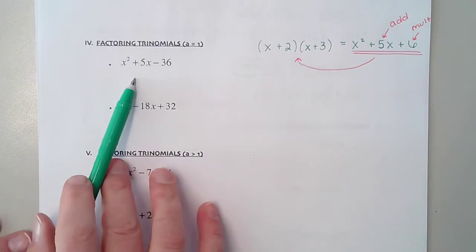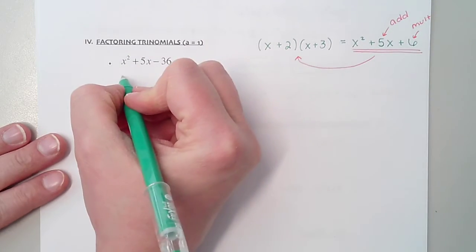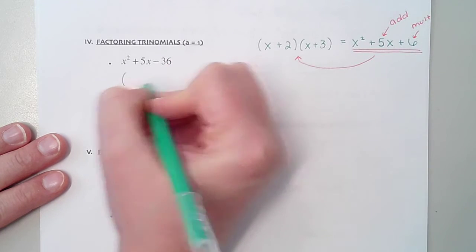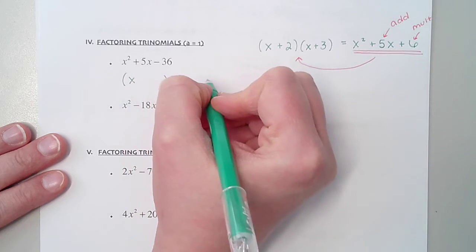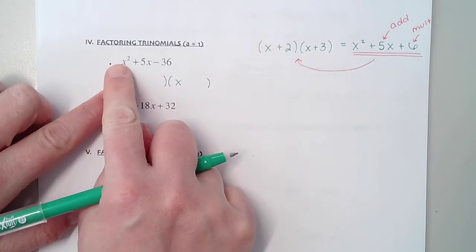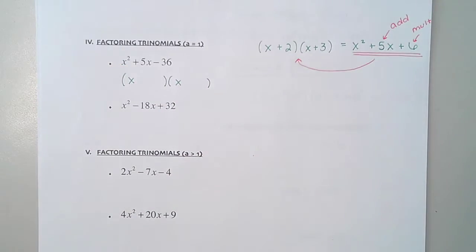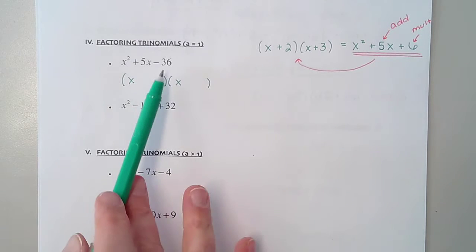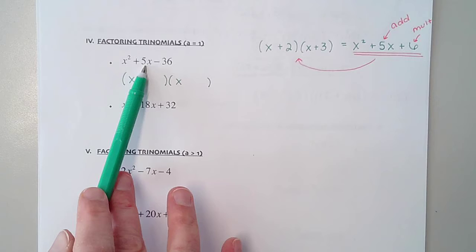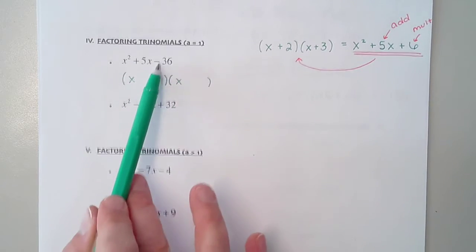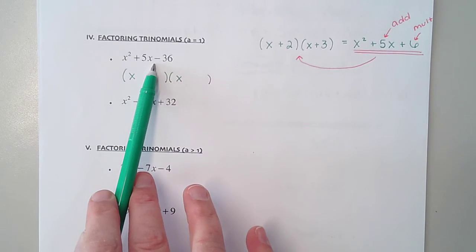So when I look at this first problem, what I'm trying to do is write this so that it's x and x. And I'm setting that up first because I know that's what's going to give me x squared here eventually. Now I need to somehow multiply to make negative 36 and add to make positive 5. So let's focus on the fact that this is negative to begin with.